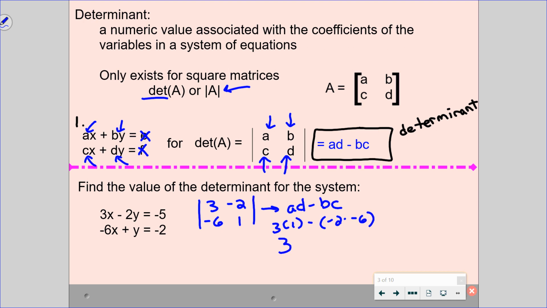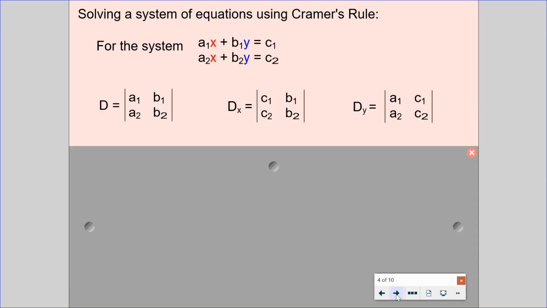So we get a 3 minus a positive 12 in this case, or our determinant is a -9. So mathematically, algebraically, that is how we would find the determinant of a 2 by 2 matrix. Now we're going to use this skill as we go through. We're going to show you an example with 2 by 2, and then we'll make it a little bit bigger and go into a 3 by 3.